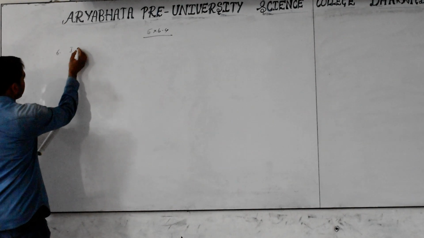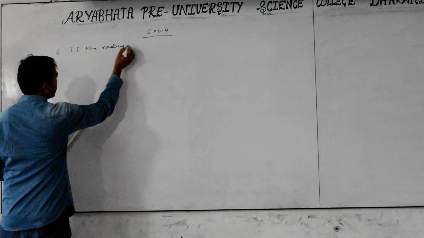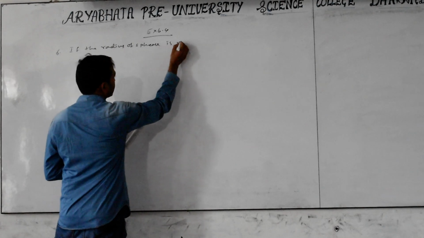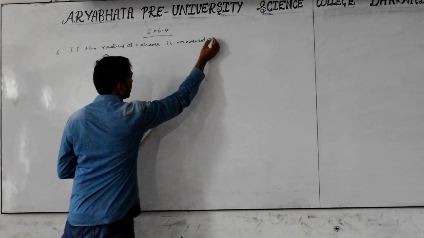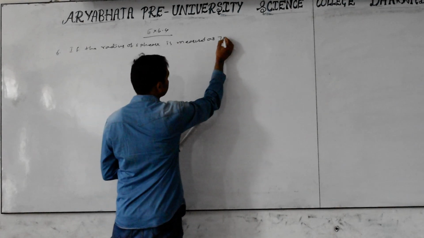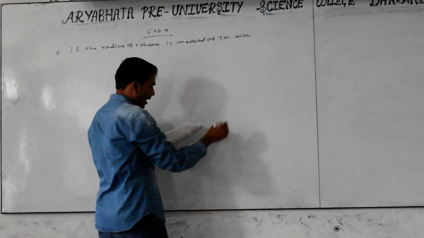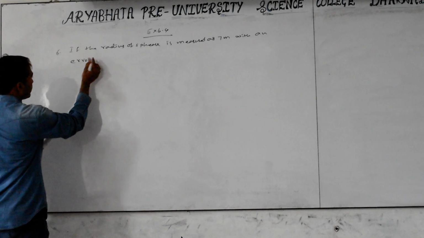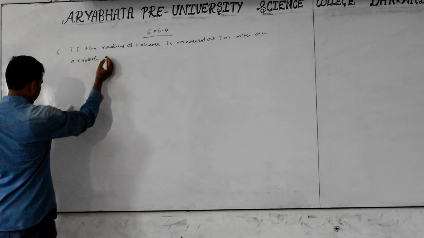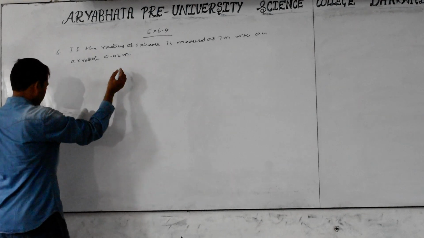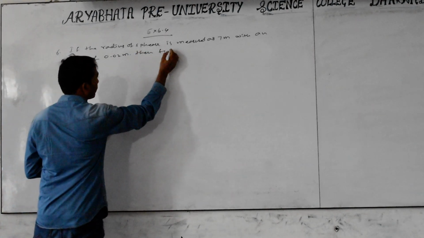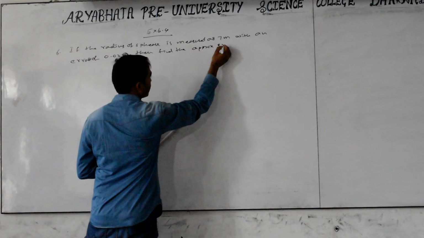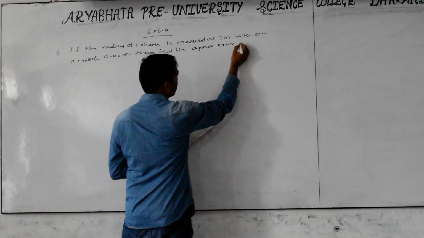If the radius of a sphere is measured as 7 meter with an error of 0.02 meters, then find the approximate error in volume.